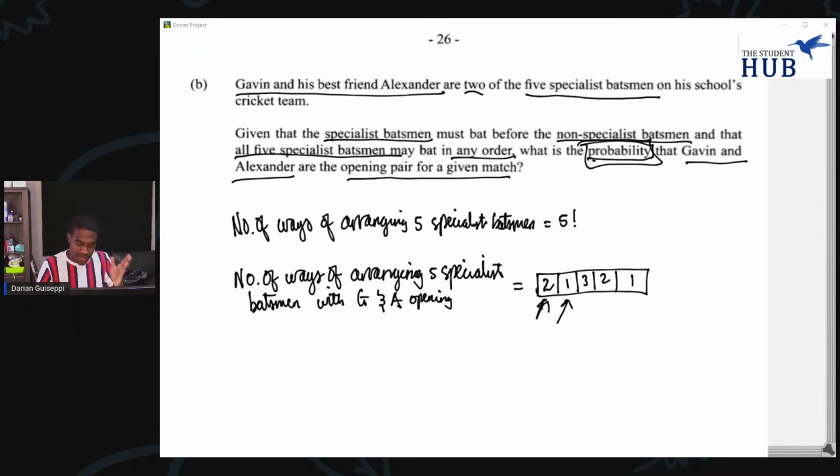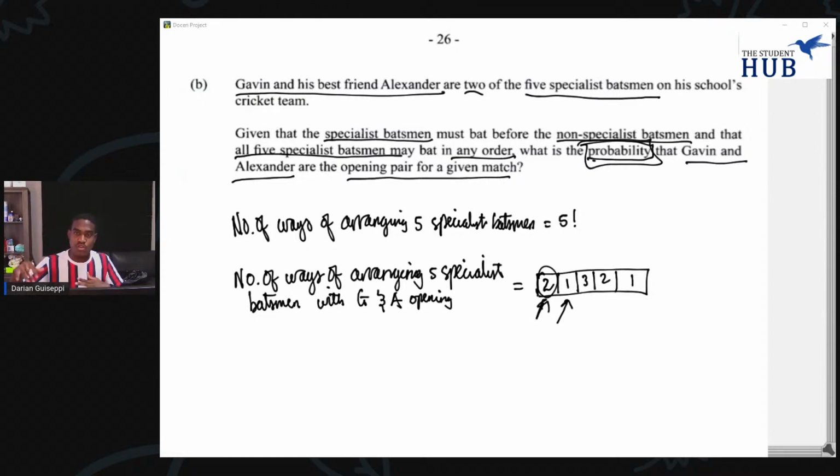So we could put A here first, and if we put A in the first space, then we have to put G here, the remaining person. Or we could put G first and then A here. So that's your 2 possible ways: you could put 1 out of the 2 inside there. That's why we put 2 there.